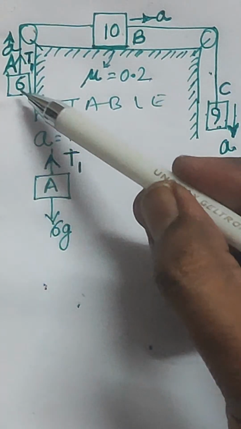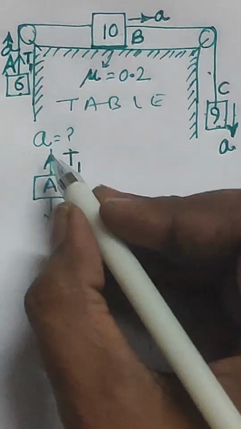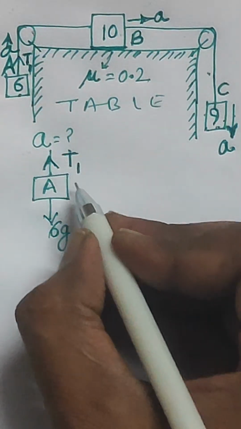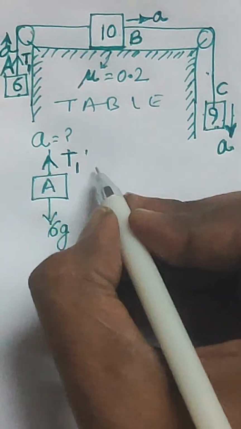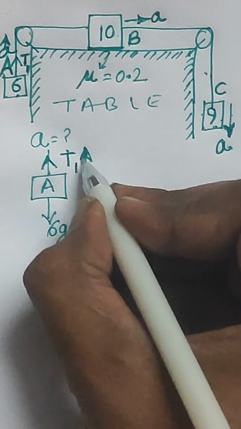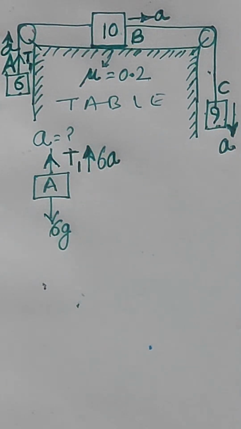On this block A of 6 kg, there is tension T1 and weight mg. Since this block is moving upward, the force F equal to ma, that is 6a, acts upward.